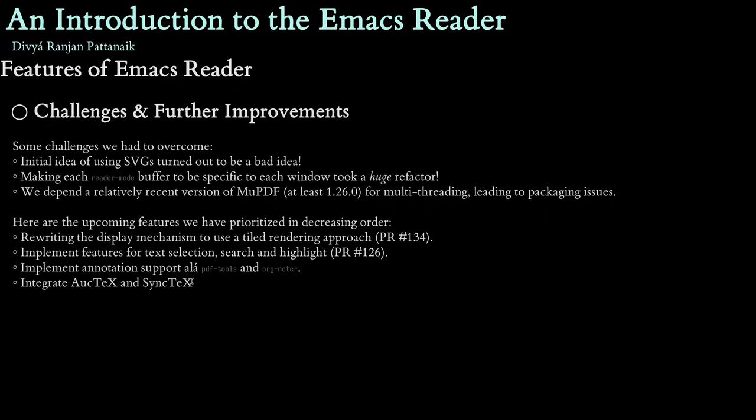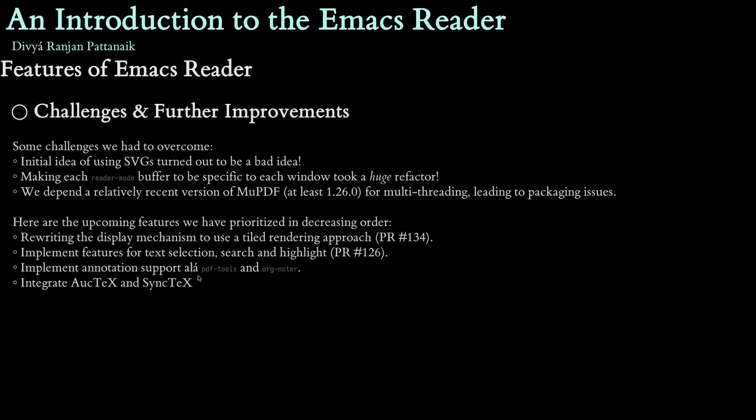The upcoming features that we have planned are, the first one is that we need to rewrite the display mechanism entirely from scratch to use a tiled rendering approach. So right now we just take an image and display it inside an Emacs buffer, just like that. But it will be changed so that the image will be displayed in a tiled manner, so there will be multiple tiles, but it'll be pixel perfect, so you won't really see a difference.